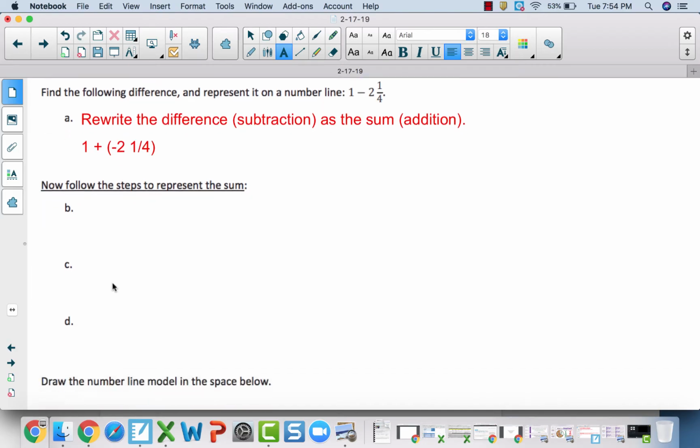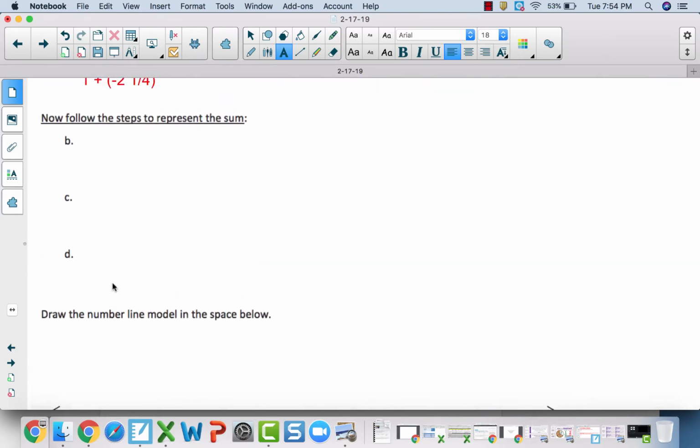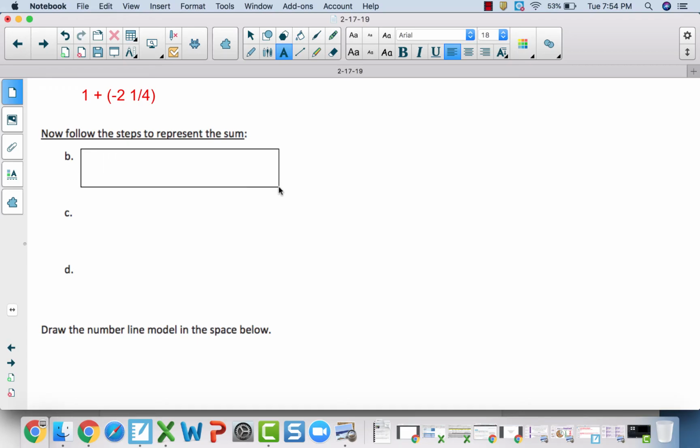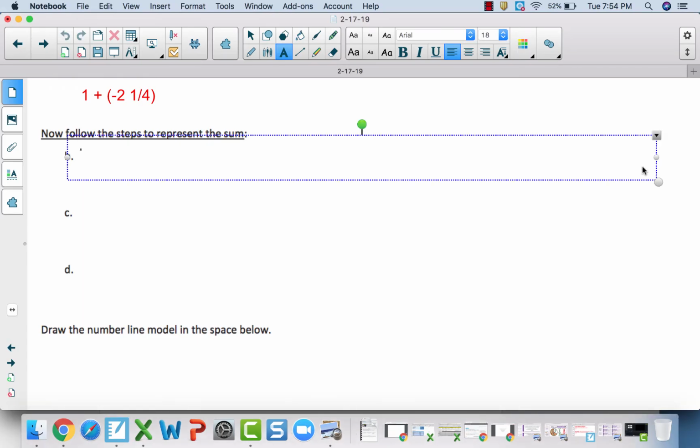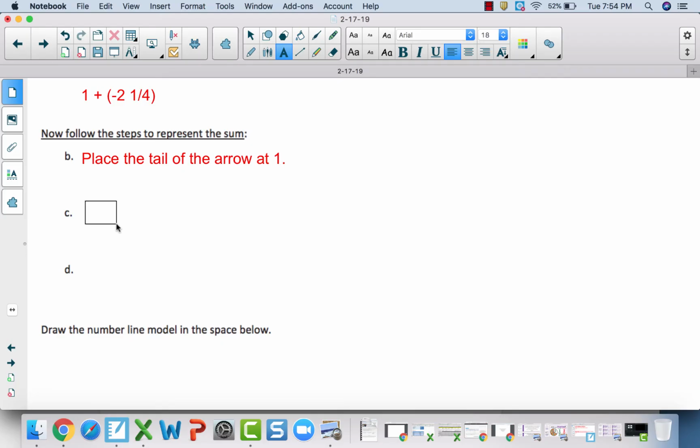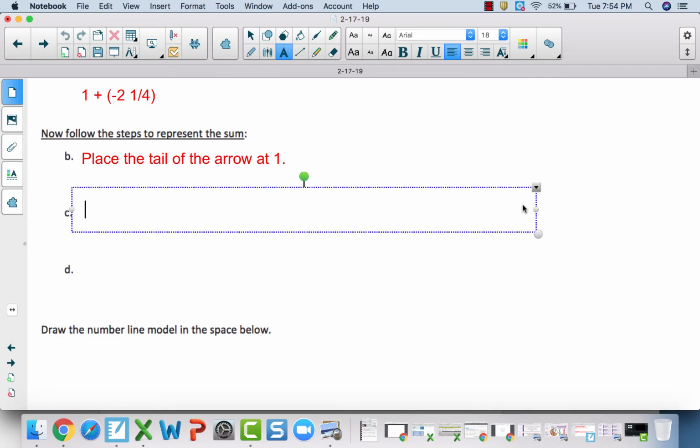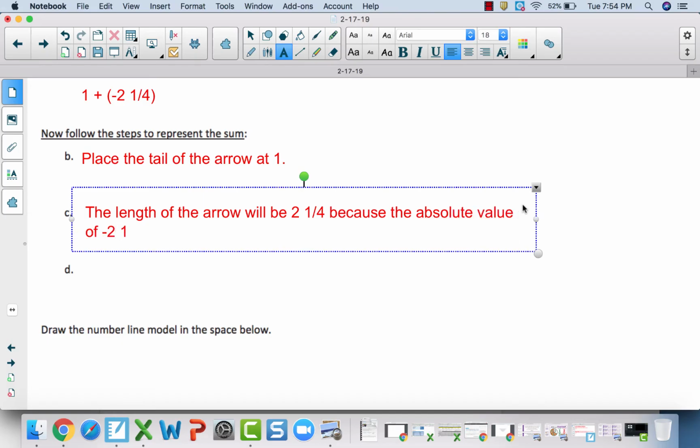Okay? Now, if I'm going to represent this on this number line, we have to follow a few steps to find now the sum because we have switched our subtraction problem into an equivalent addition problem. I'm going to place the tail of the arrow at 1, okay? Because that's going to be my starting point. My first integer is 1. The next thing is the length of the arrow will be 2.25 because the absolute value of negative 2.25 is 2.25, right?